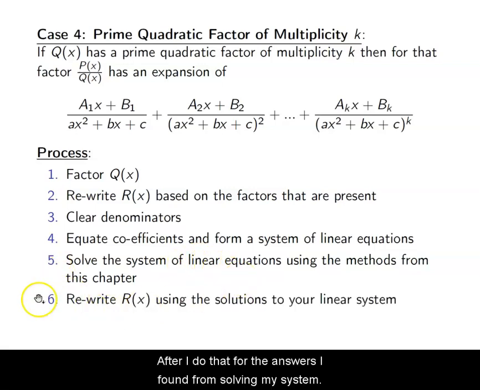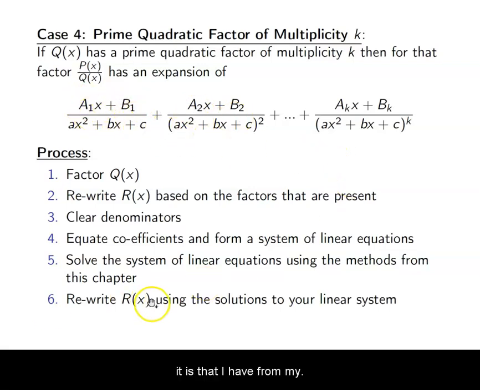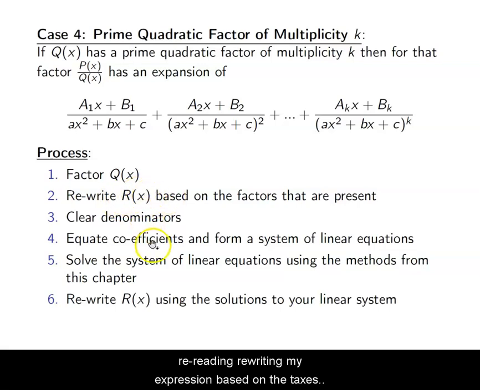After I do that, for the answers I found from solving my systems, I will replace these unknown values, these A1s, B1s, B2s, whatever it is that I have, from my step number 2 in this process where I was rewriting my expression based on the factors that I have.